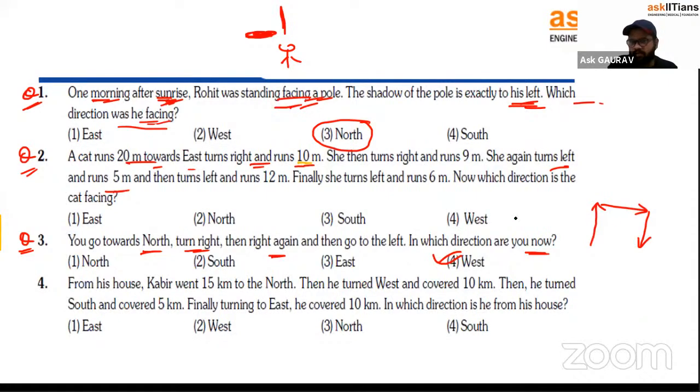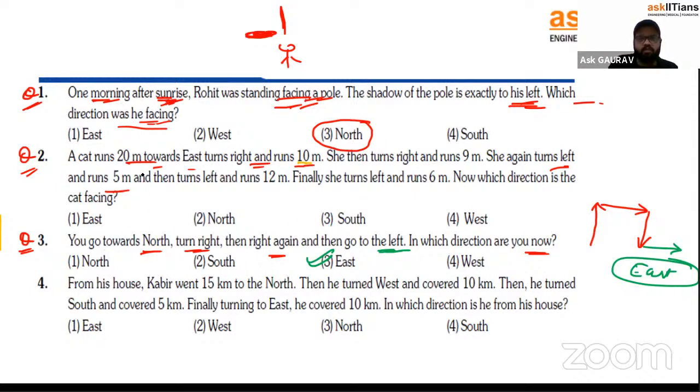The last step of left, this left is here, then you have to move to left. So this direction is which? East. So the answer is east, right? Yes, the direction is east. Got it?